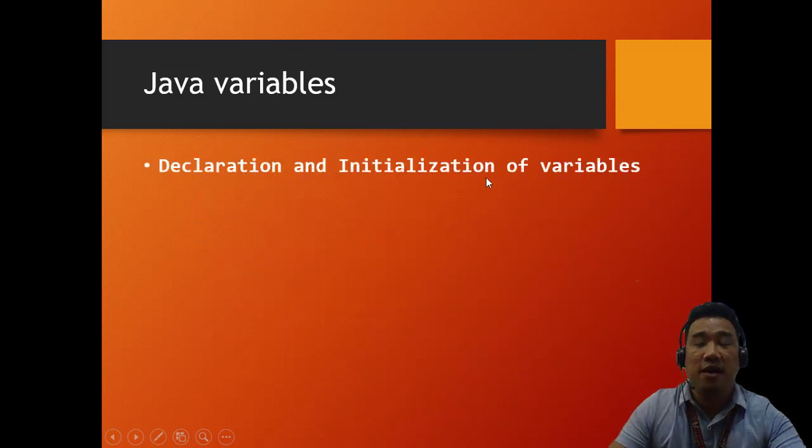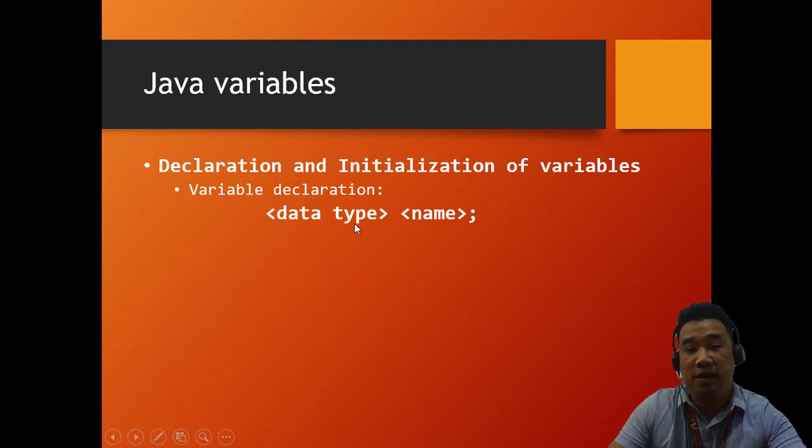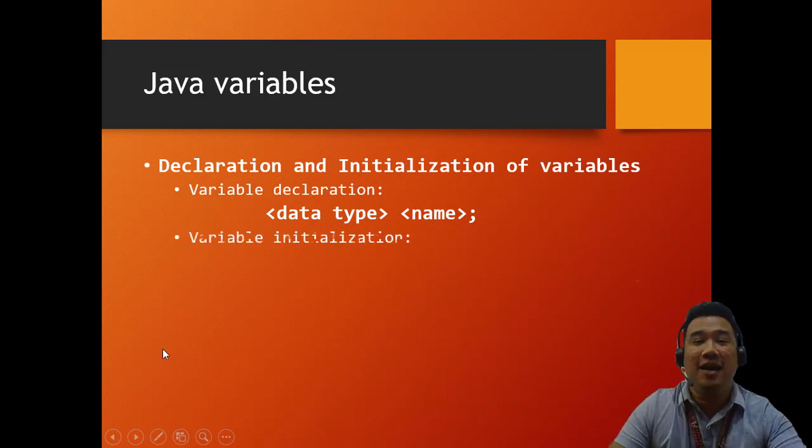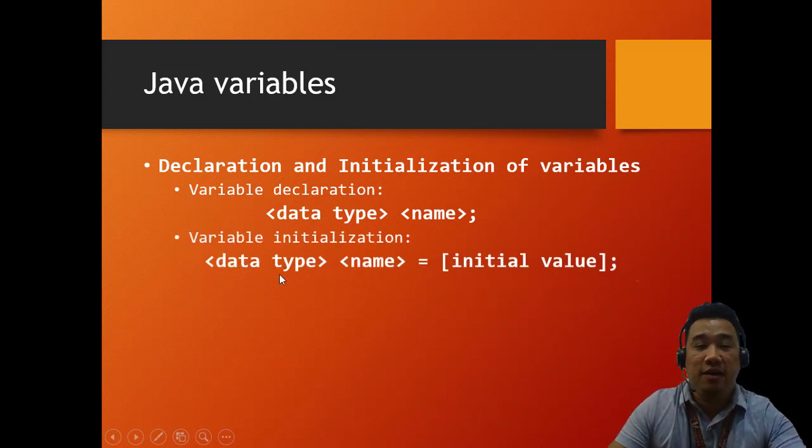Now, declaration and initialization of variables. So we have the variable declaration, we have the data type. So let's say int, then the name of your variable, let's say age, okay? Or String first name, String last name, double grade.